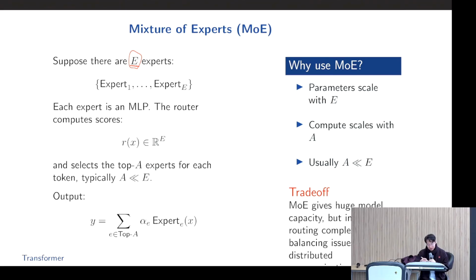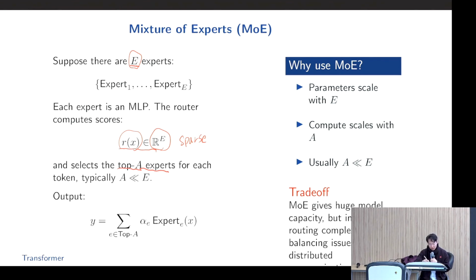And there's another thing called a router, which takes input X and outputs a real number in E dimensions. So what the router does is give you an output that is supposed to be sparse, so that it selects the top A experts for each token.